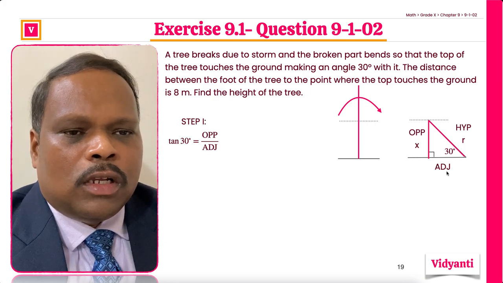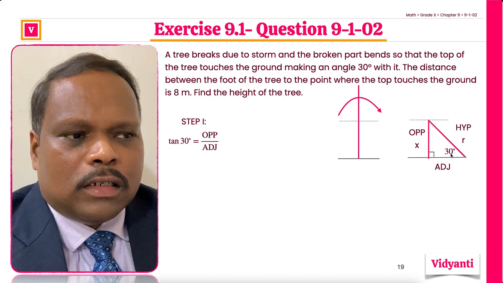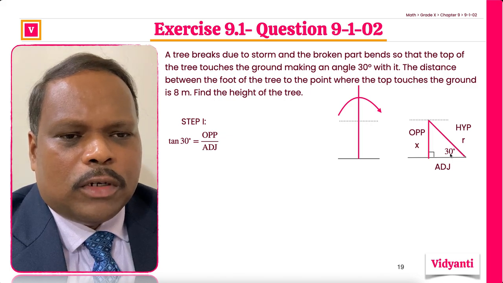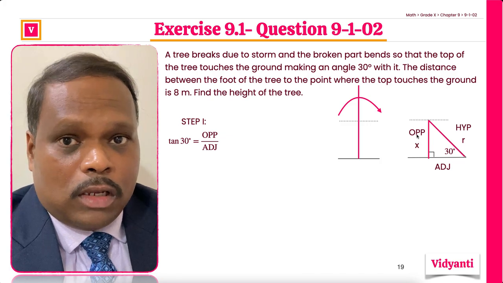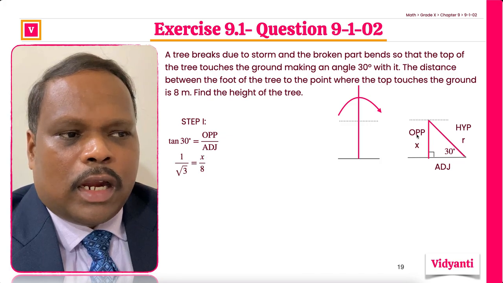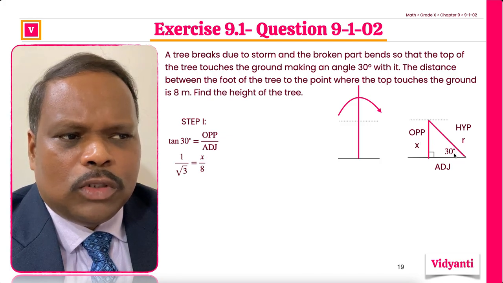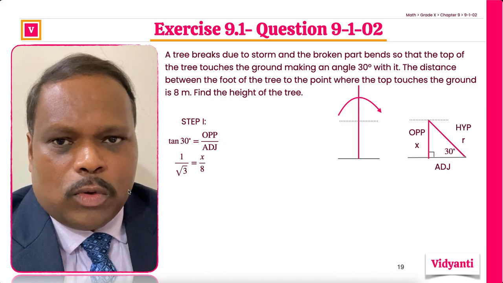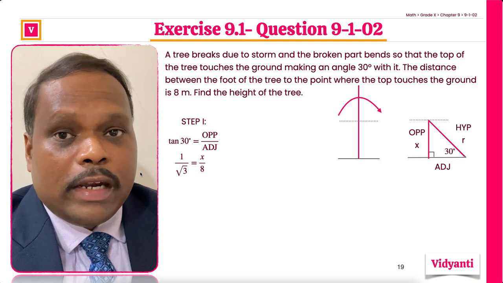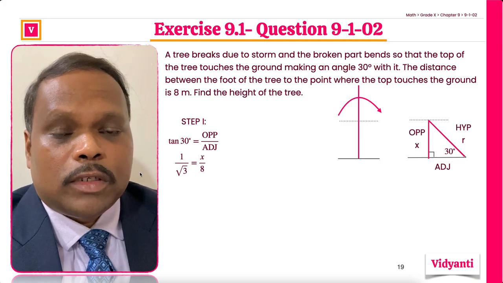So now tan 30. Here, what do we want to find out? We want to find out the height of the tree. So we care about this opposite, and we know tan 30 is 1 over root 3. Now your question will be, why is tan used, why not sine like the previous question?